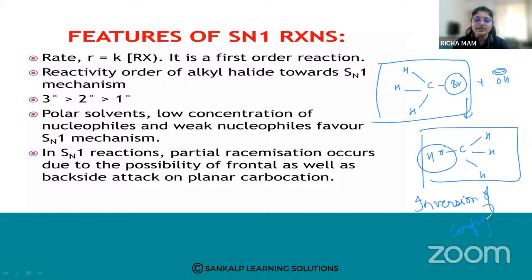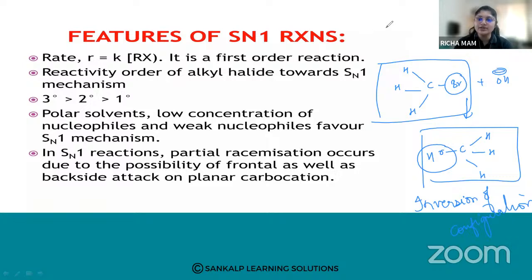Now, what do you mean by racemization? Just now we studied that this will undergo racemization. In the SN1 mechanism, what we have seen is called retention, and this is inversion.